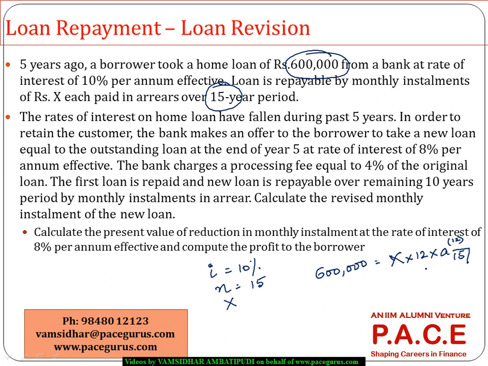So the equation of value works out to be this. From here we can directly find X as 600,000 divided by 12 times a-angle-15 on a monthly payment basis. So this simplifies to 50,000 divided by a15 on a 12 basis.